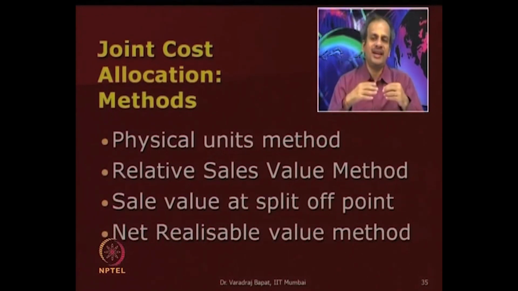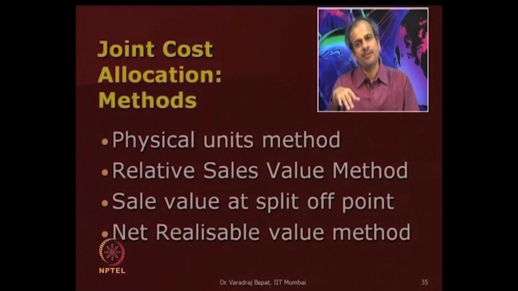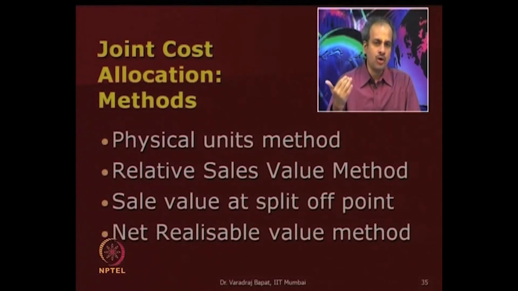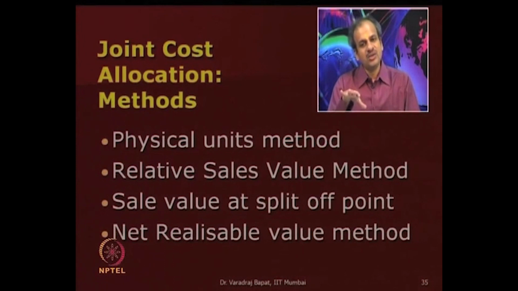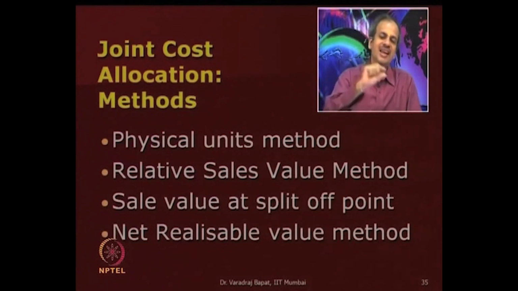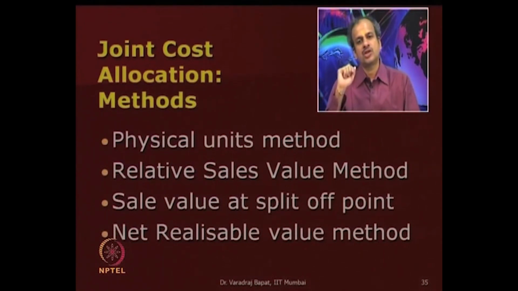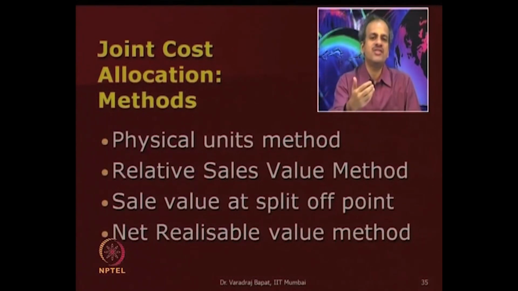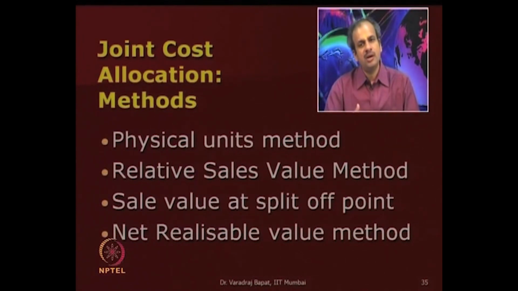Then it is good, we can directly charge the cost based on the sale value at the split off point. When the sale values are not known, we may calculate relative sale value. Sometimes relative sale values are also tough to calculate, but net realizable value can be found. So physical units is of course based on physical units, and the remaining three are based on the sale value of those products.